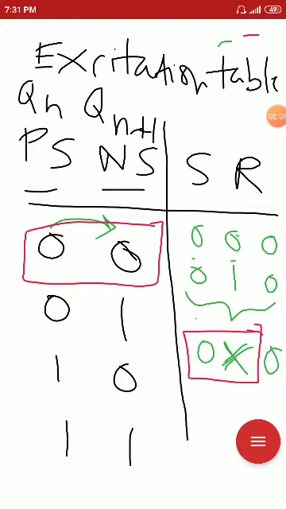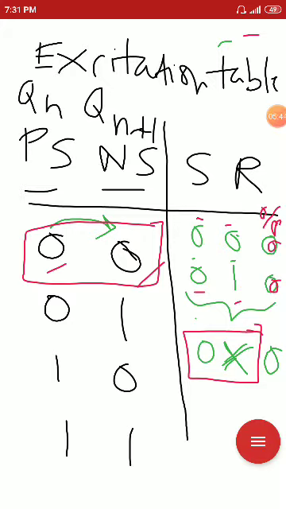For the present state 0 to go to next state 0, there are two chances. First, S can be 0 and R can be 0, which is the no change condition, so the output will be 0. The next possibility is S can be 0 and R can be 1, and in that case also the output is 0.